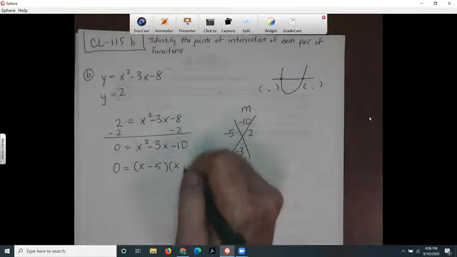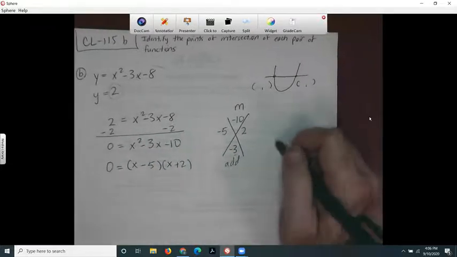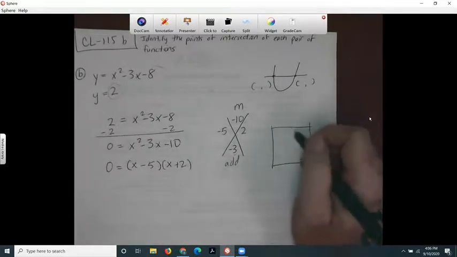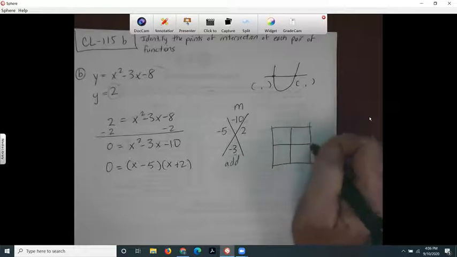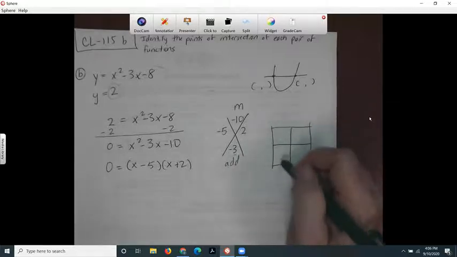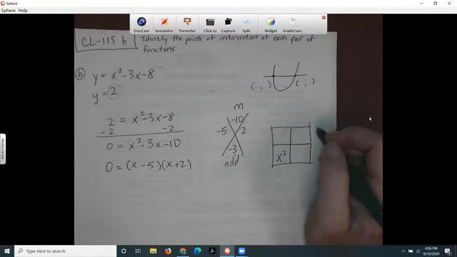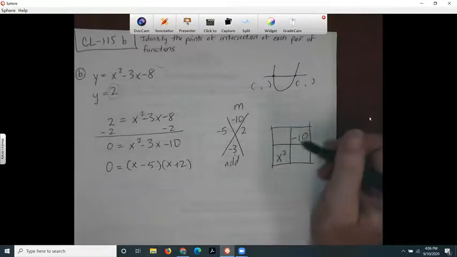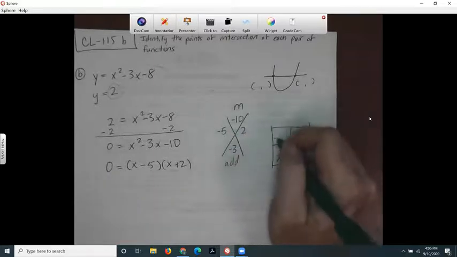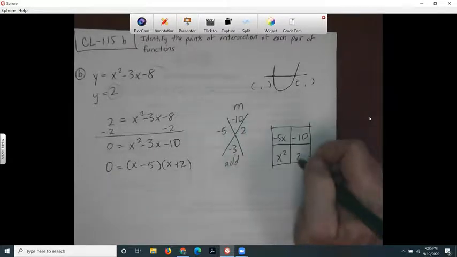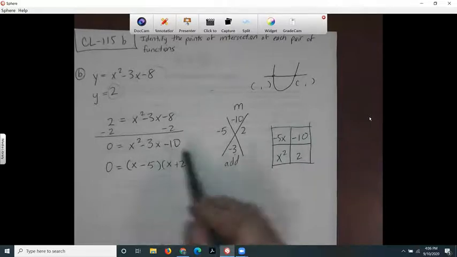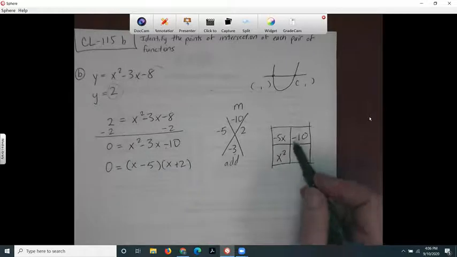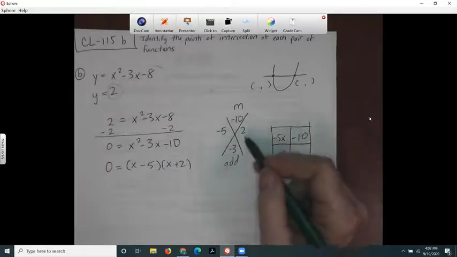But some of you have been taught that you always have to put them in this area model box, and that is a good habit if that's your habit. So I'll go ahead and do it, and that'll prove that this is correct. I put the constant upper right, the x squared lower left, and the two numbers I found from my diamond problem.